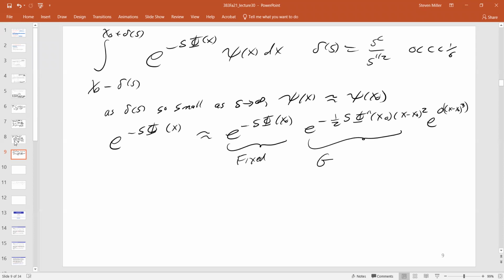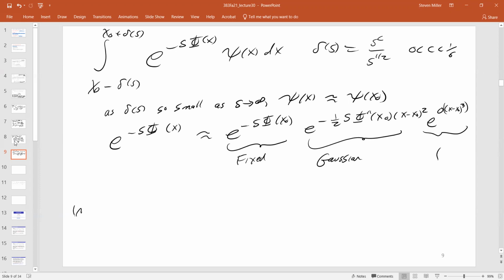This is looking like a Gaussian. And this, what does that go to? Because we're moving a very small distance from x naught, what does the last factor go to? 1.